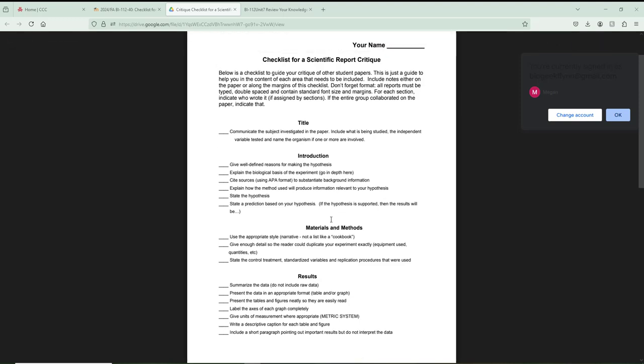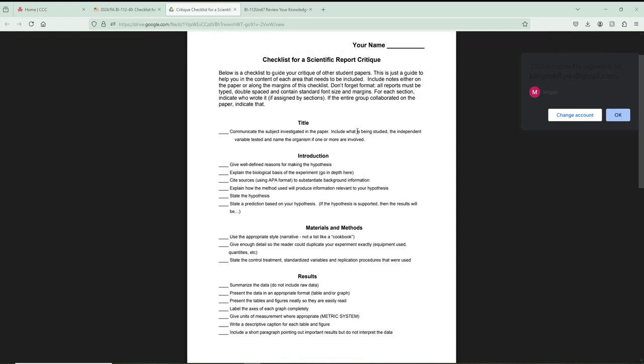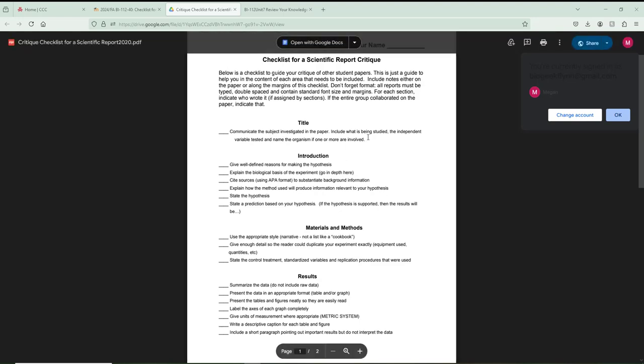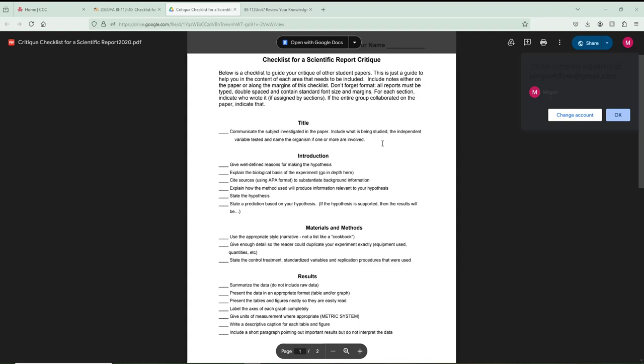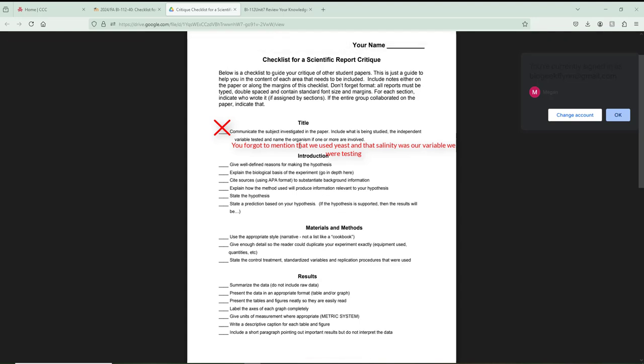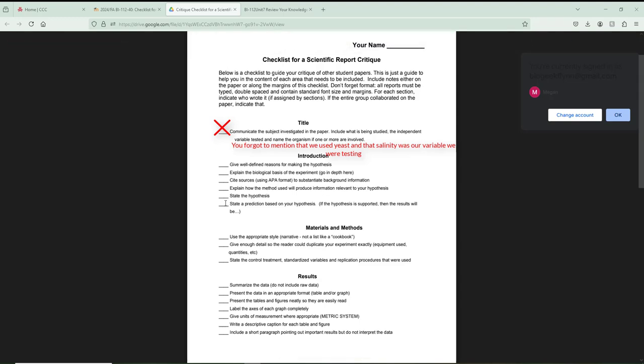If they did not give a title that communicates the subject, then tell them in their critique that you did not include a title that includes the independent variable. You forgot to include yeast as the organism that was tested on in your title. Okay, so you're going to make sure that these boxes are checked or not checked.